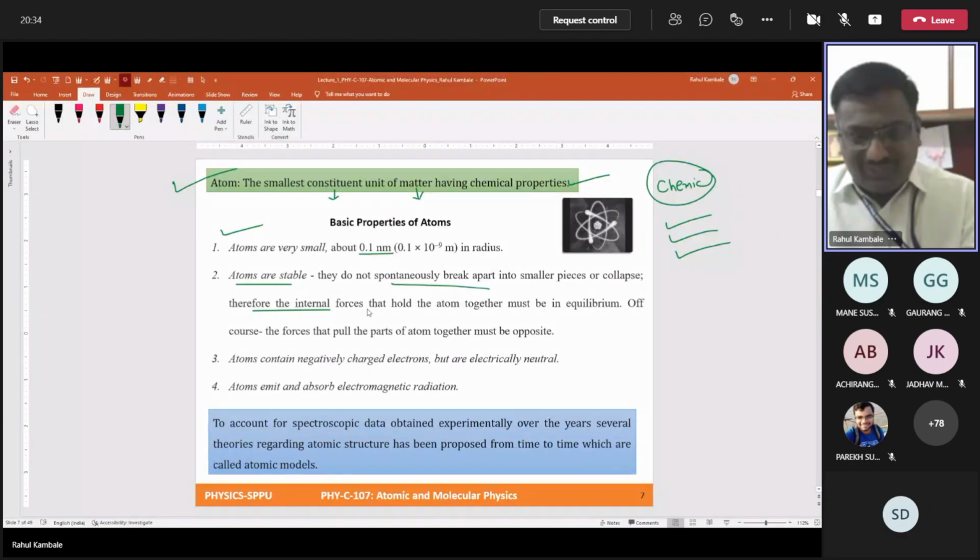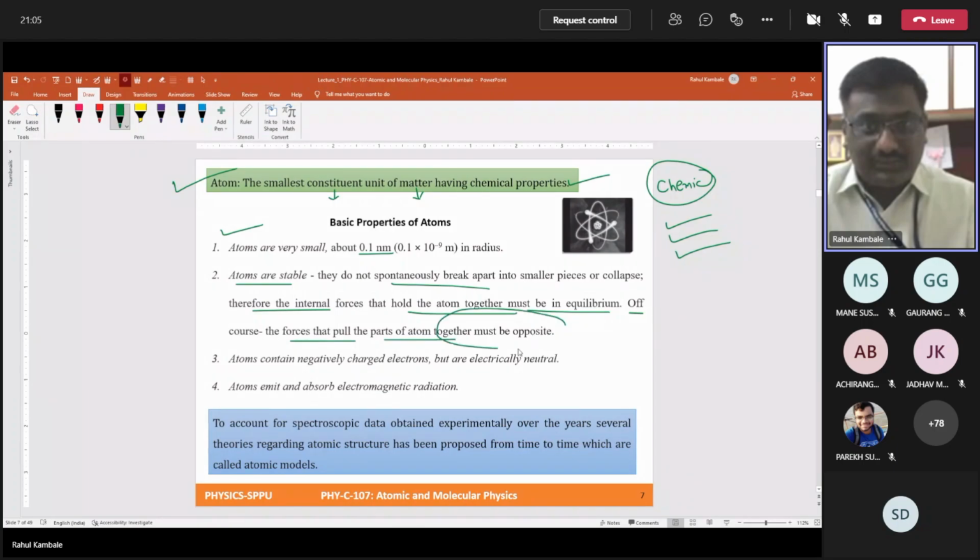Take the carbon atom. Suppose we make a quarter part of this, a quarter part of this, and a quarter part of this. It is not like that. It is a whole atom, C6. Whatever the internal forces that hold the atom together must be in equilibrium, and the forces that pull the parts of the atom together must be opposite.